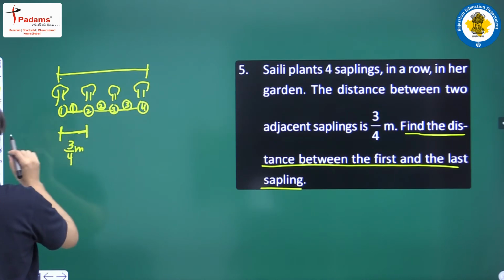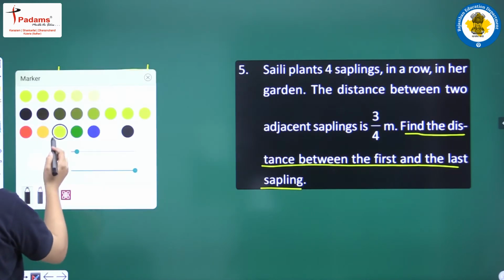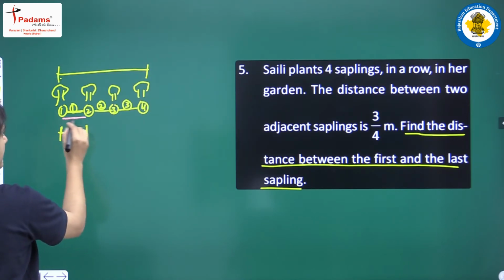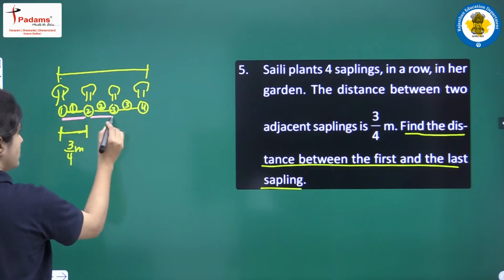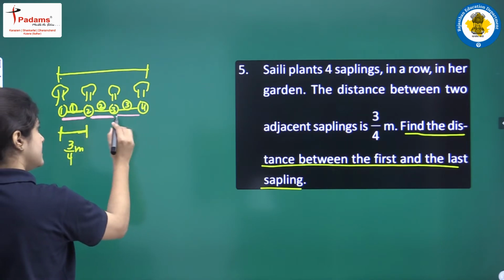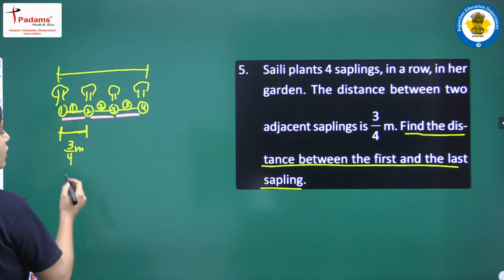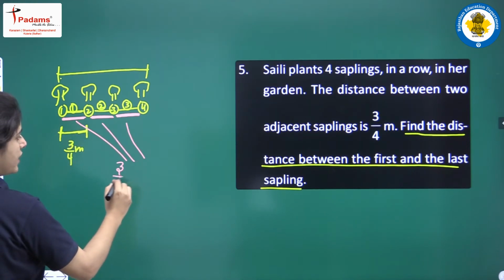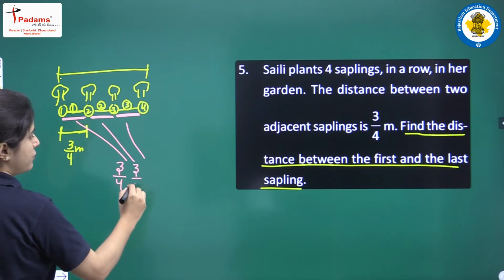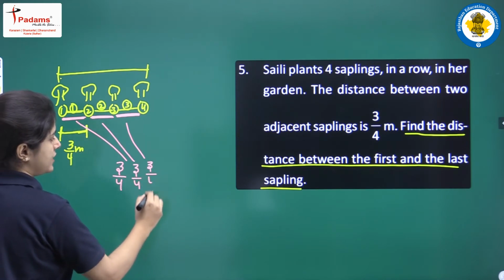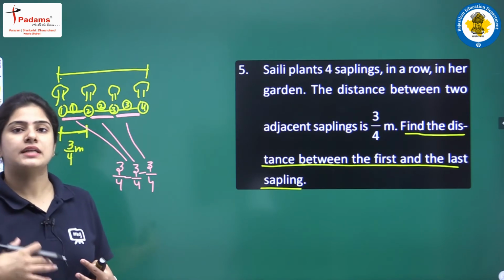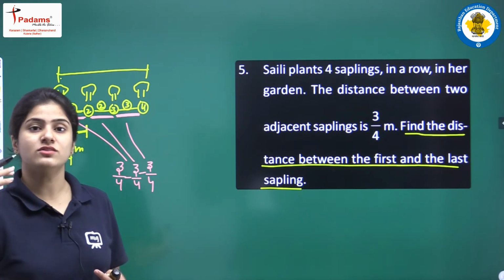So the gaps that are occurring here are 1, 2, and 3. The number of gaps is 3, each 3 upon 4. The adjacent gap of 2 saplings is coming out as 3 upon 4, 3 upon 4 and 3 upon 4.